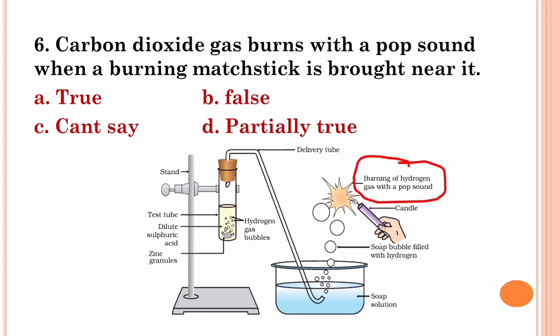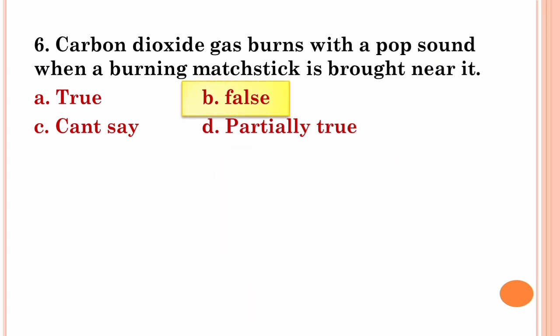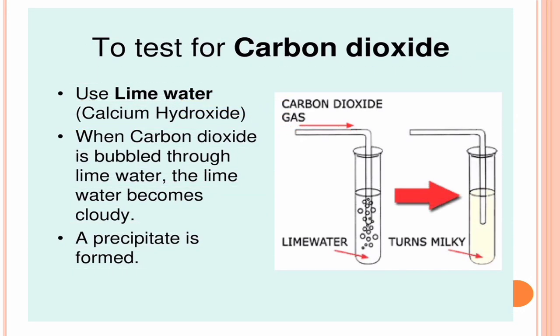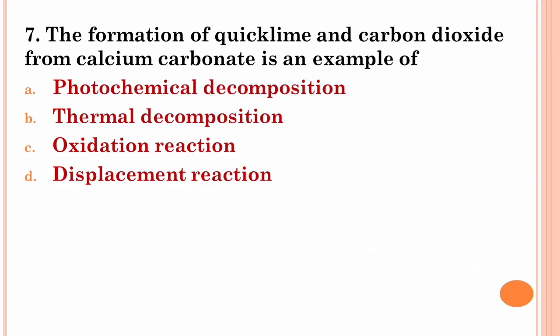So that means the answer for this question is false, because carbon dioxide is a fire extinguisher. It doesn't burn with a pop sound, but it extinguishes fire. And the gas that burns with a pop sound is hydrogen. So what is the test for carbon dioxide? Carbon dioxide is tested by passing it through lime water, which changes the lime water to milky white in color due to the formation of calcium carbonate.